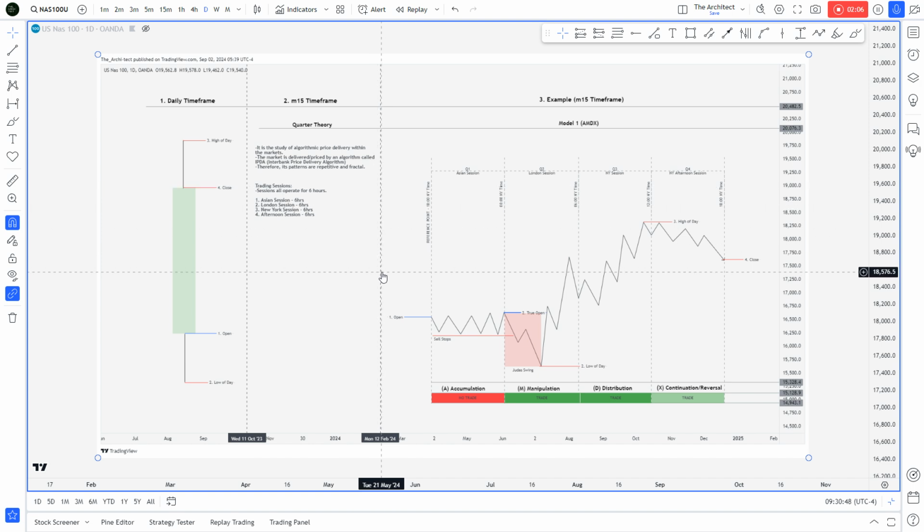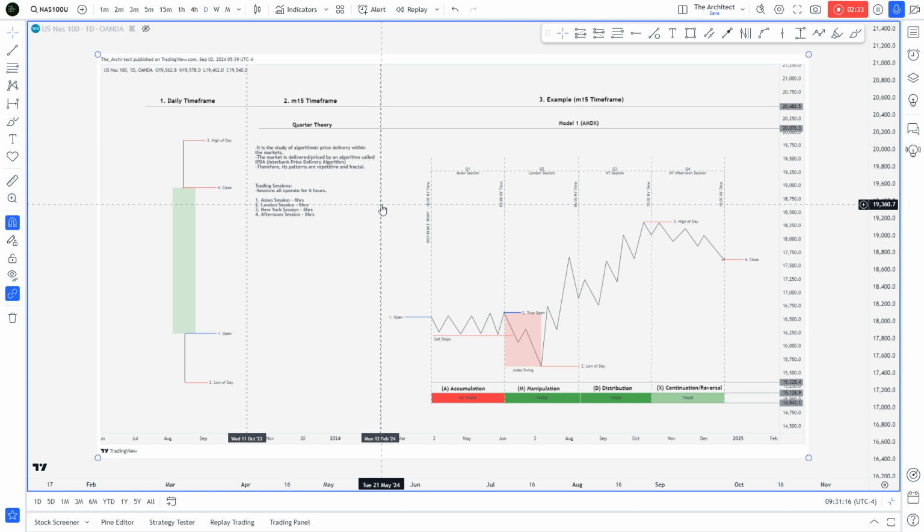Now, when we're looking into day trading using quarter theory, what we're going to do instead of what we did 2 weeks ago, where we looked at Monday to Thursday and separated these days, is that when we look at day trading, we separate the sessions. So we understand that there are 4 trading sessions within a day. And quarter theory suggests that you divide the day by 4.